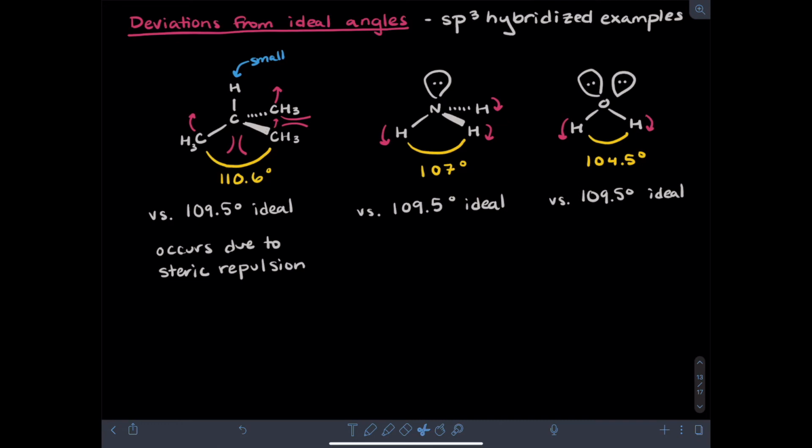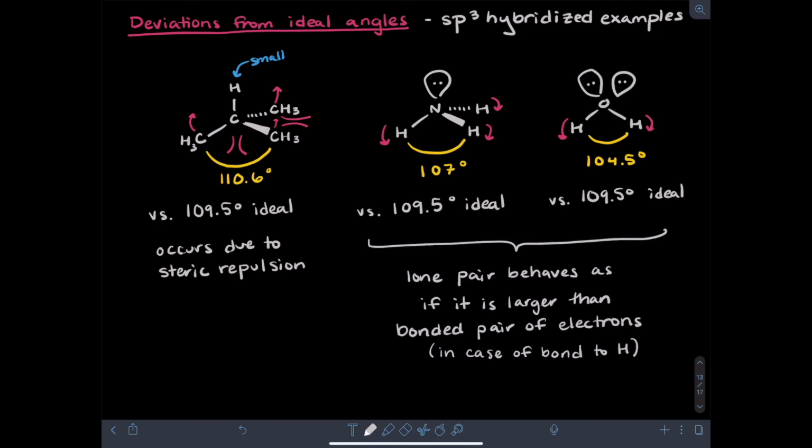This effect is even more extreme when you get to a water molecule which has 2 lone pairs. These oxygen 2 lone pairs push the hydrogens down closer to each other, giving us a bond angle of 104.5 degrees, so even more contracted than in the ammonia example.